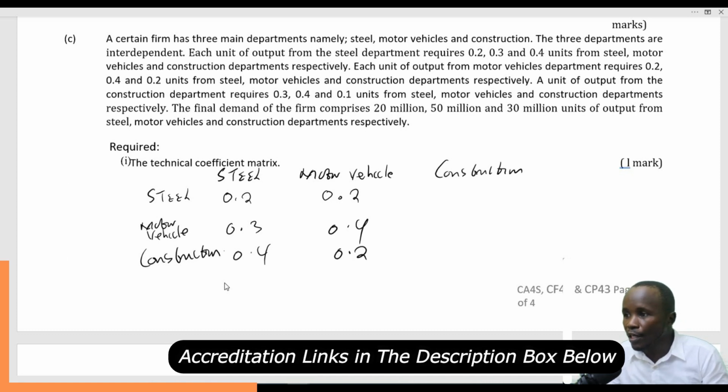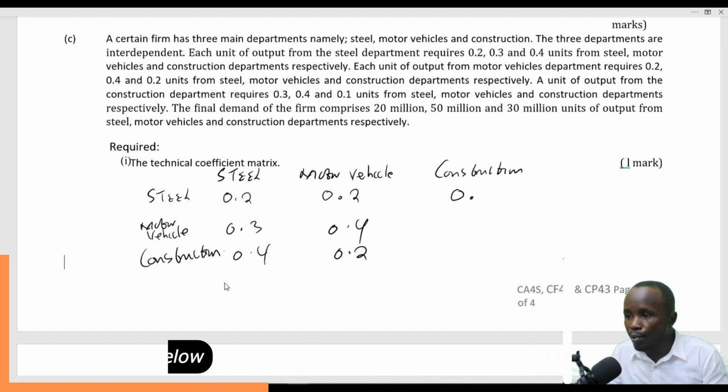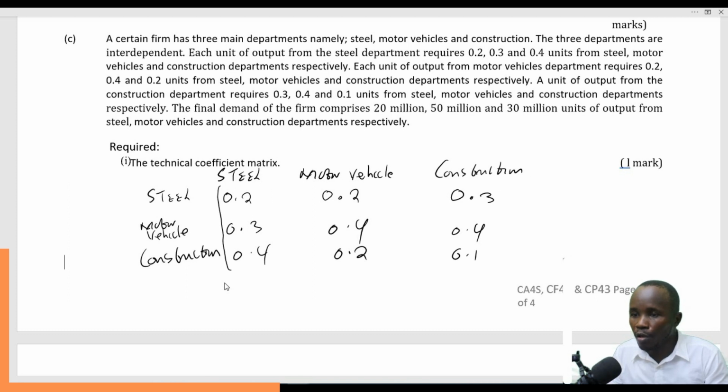And finally, each unit of output from construction department requires 0.3, 0.4, and 0.1. So this now is what we call the technical coefficient matrix.